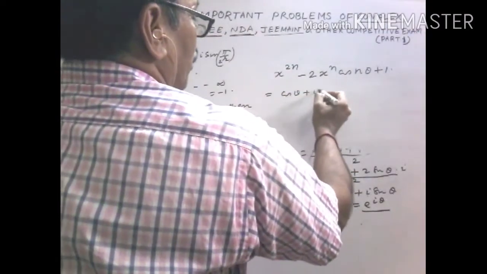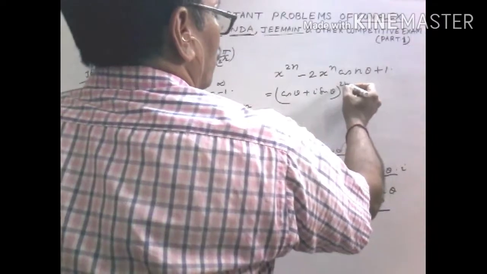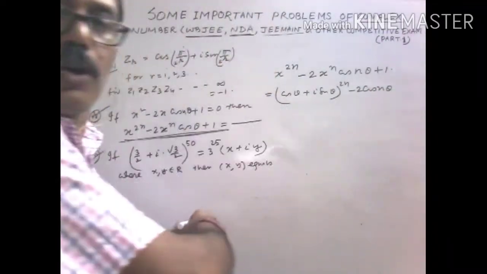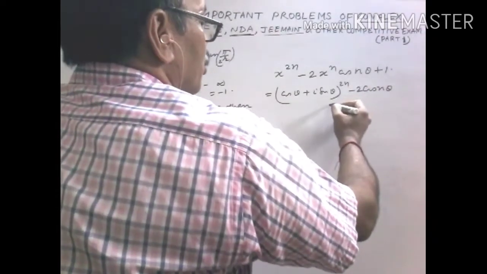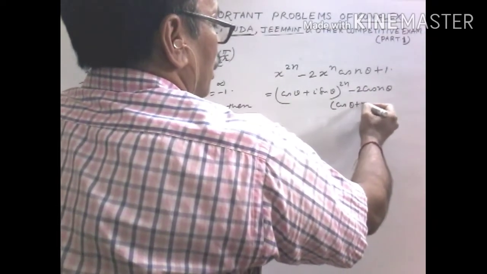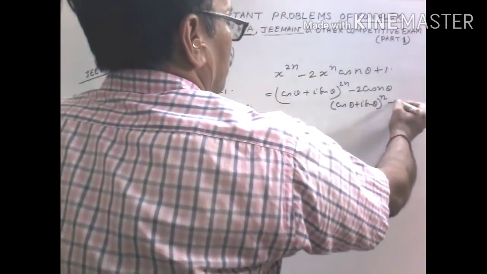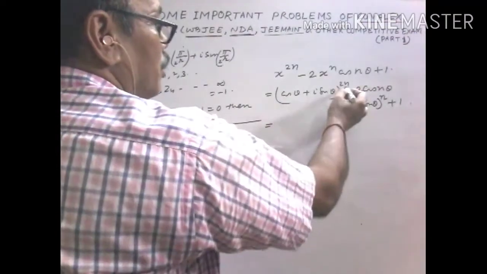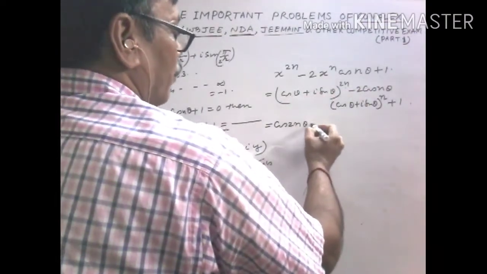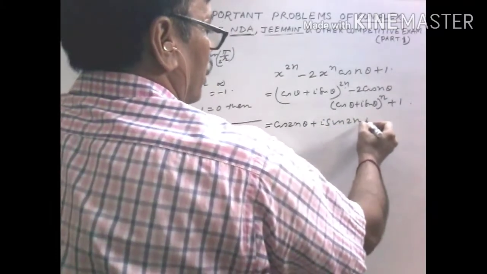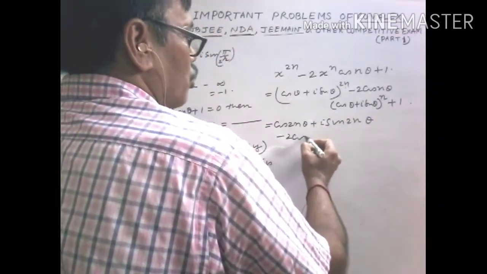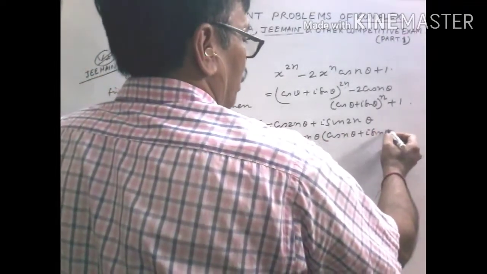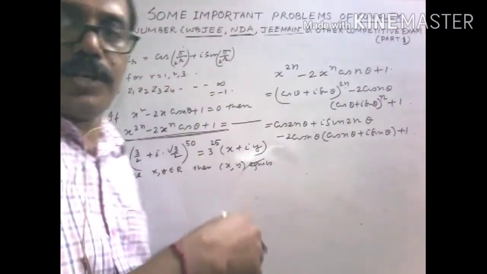So what is x? Cos theta plus i sin theta whole to the power 2n, minus 2 cos n theta into x to the power n, cos theta plus i sin theta whole to the power n, plus 1. Now look, by de Moivre's theorem, this is cos 2n theta plus i sin 2n theta, and this is minus 2 cos n theta into cos n theta plus i sin n theta, plus 1.